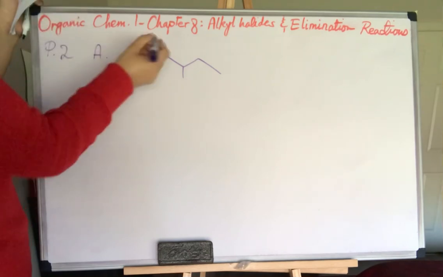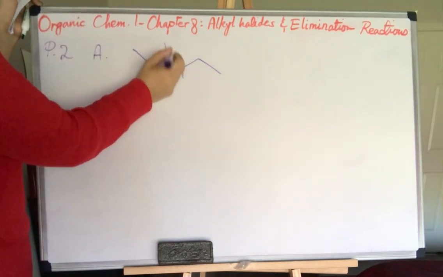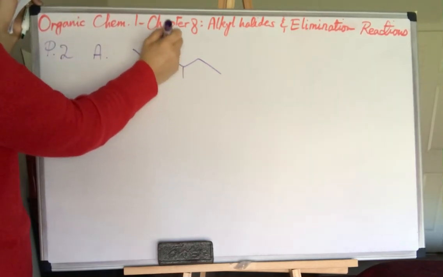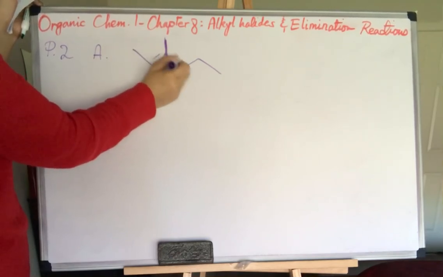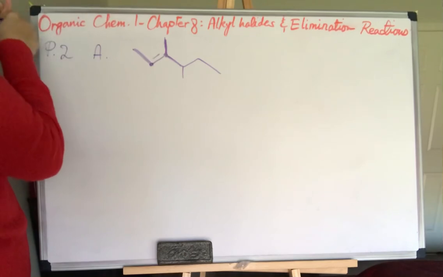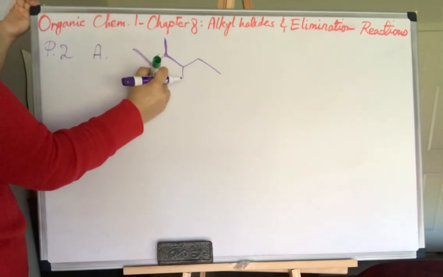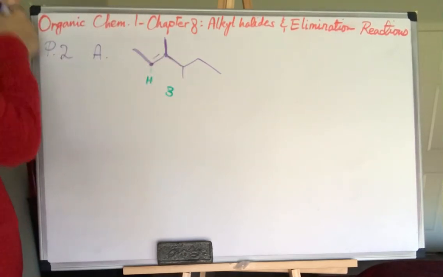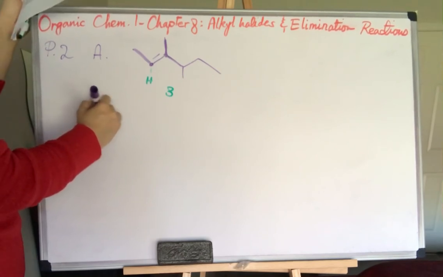On A, the number of substituents on the double bond: 1, 2, and 3. Don't forget, we are not counting hydrogens. So total 3.